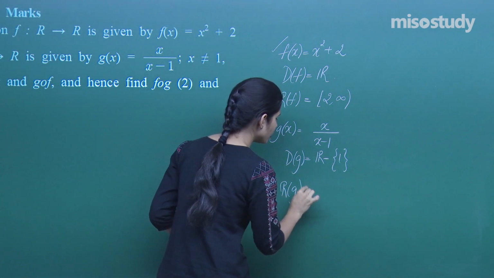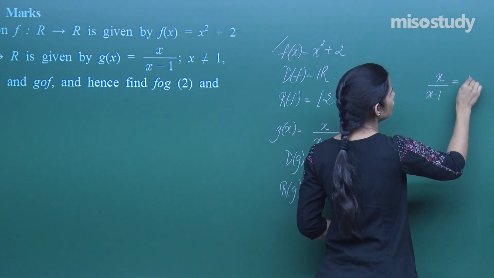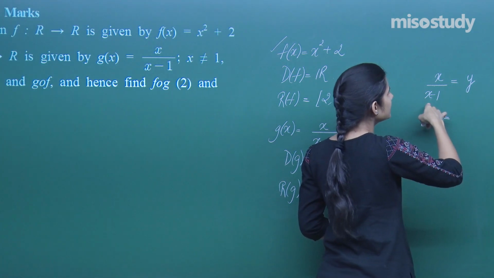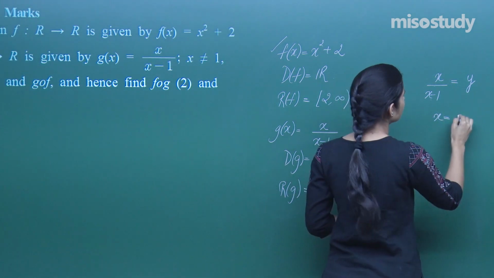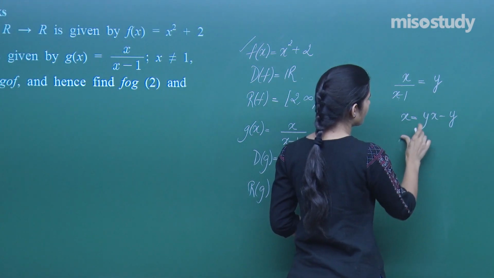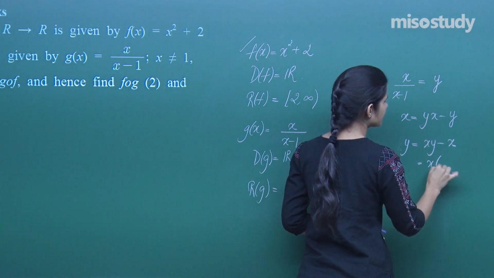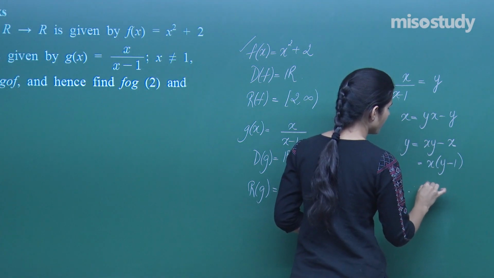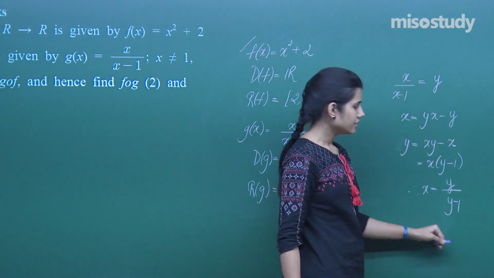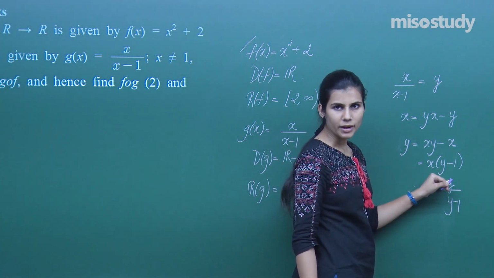And the range of G, if I talk about it, you know what the drill is. We put x upon x minus 1, that is the definition of G of x equals y. Compute the value of x in terms of y. Right now it is y in terms of x. Now compute x in terms of y. You get y equals yx minus y, or let me write y equals xy minus x, which is x times (y minus 1), and therefore x equals y upon y minus 1, which also means this x is a well-defined real number only when y is not equal to 1.